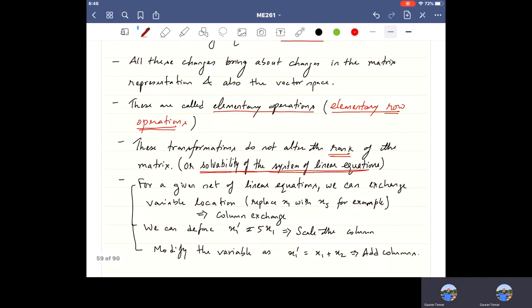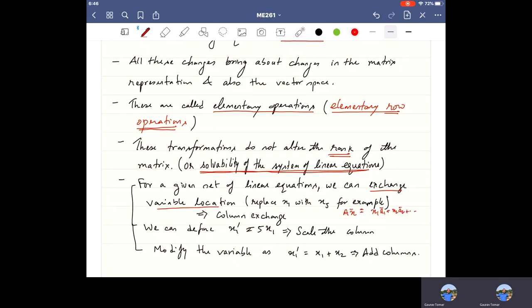Now, just the row operations, but suppose I can bring changes in the columns also. When I look at Ax, somewhere we had written it as x1 a1, x2 a2, and so on.